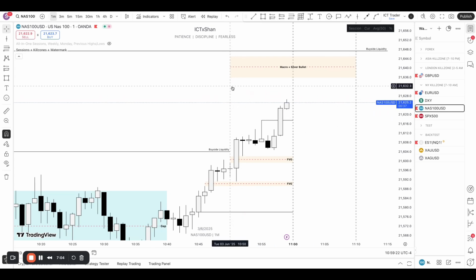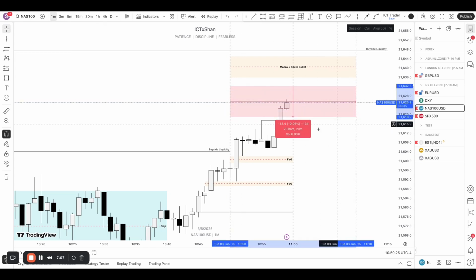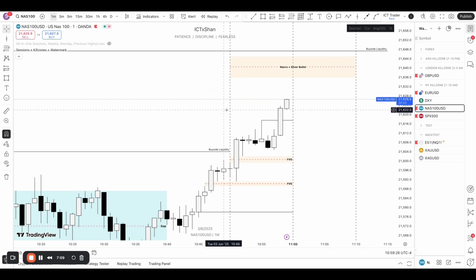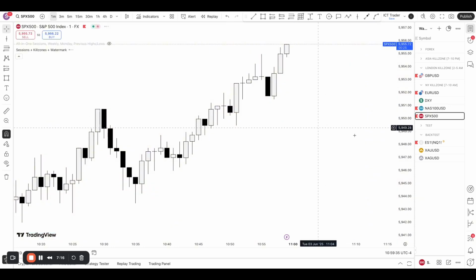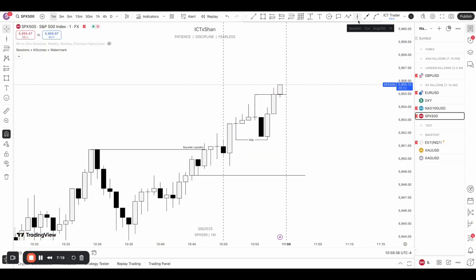Actually, this is the trading window that I am trading, from 10:50 to 11:10 macro. That's the only one. We'll look for trades.